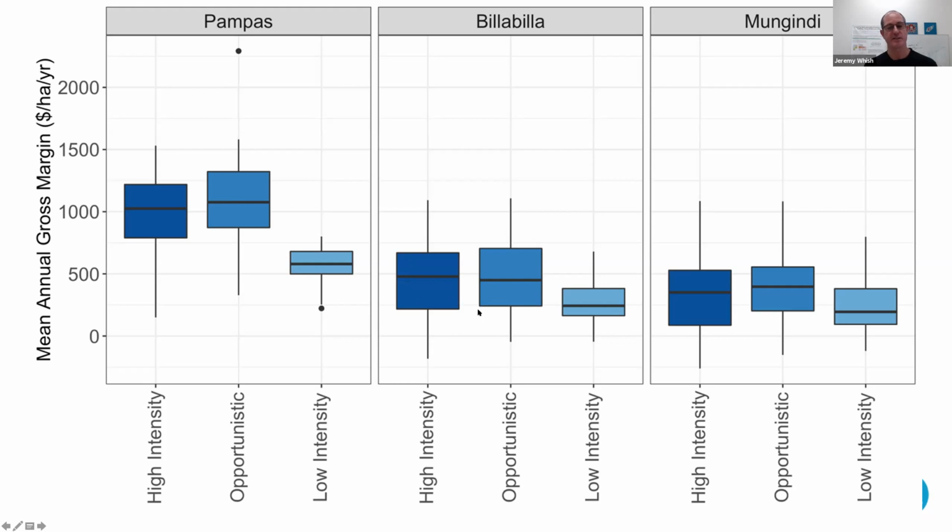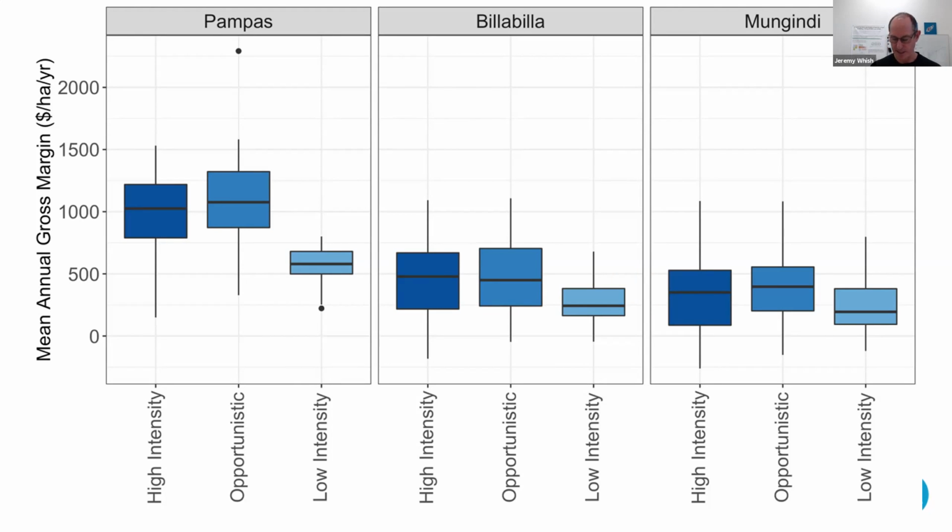At Billabilla, it's interesting, there's really not a lot of difference. There's a slight bit of upside in the box, but don't let that worry you. And in Mungandai, you start to see a slight improvement. It's not huge, and by picking the intense rotation, that's deliberate.